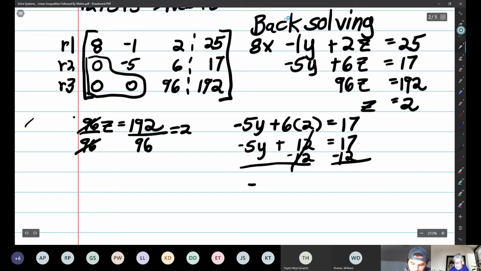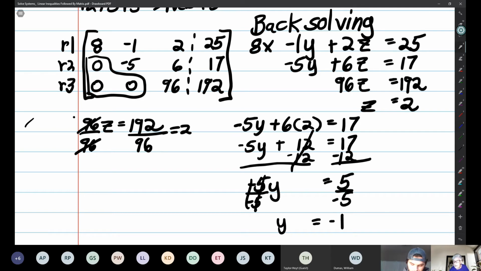I'll have negative 5y equals 5, and divide by -5. So y equals -1. So I've got z, I've got y.